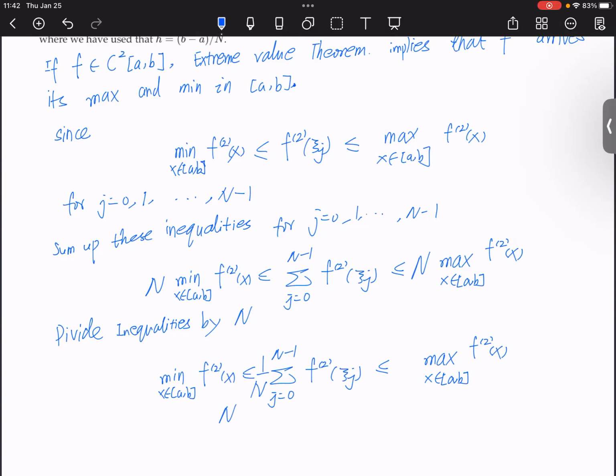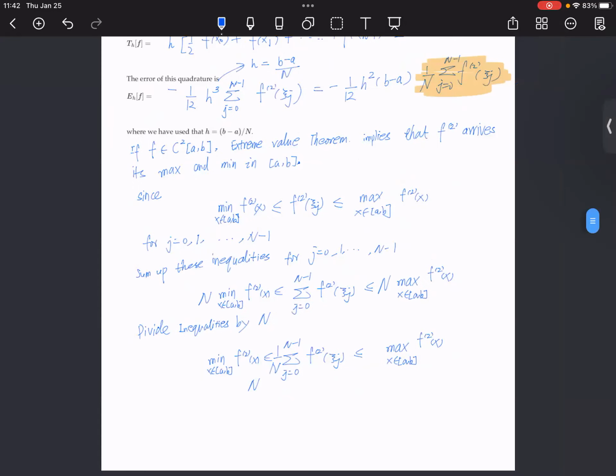Why is it very nice? Because that's what we have here in the middle, and we want to transform that term into the second derivative evaluated at some c. We have this term, and it is bounded below by the minimum of the second derivative, and the upper bound is the maximum of the second derivative on this interval.